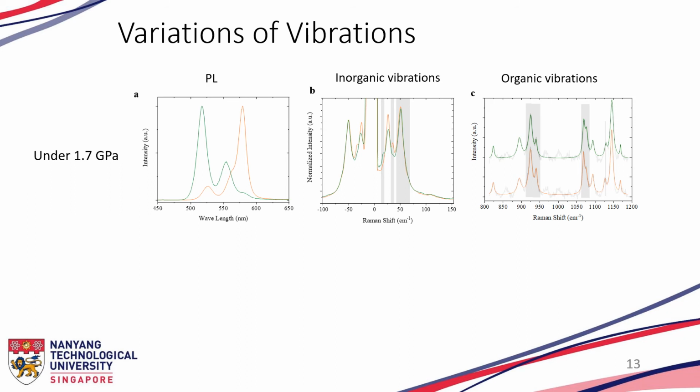This spectrum comes from the inorganic vibrations, and we can see that there is an additional peak appearing when there is a redshifted PL. And the difference also appears in the vibrations of the organic molecule.